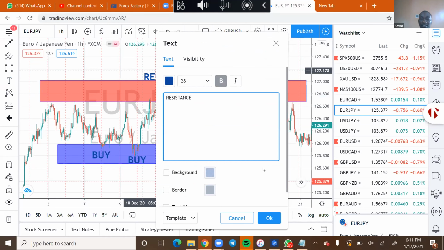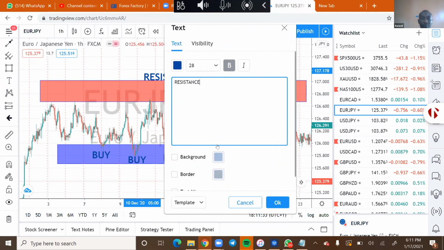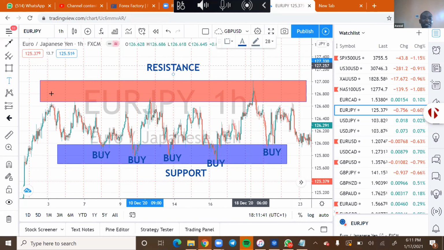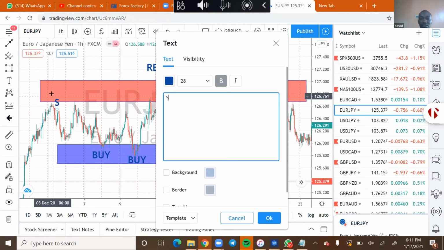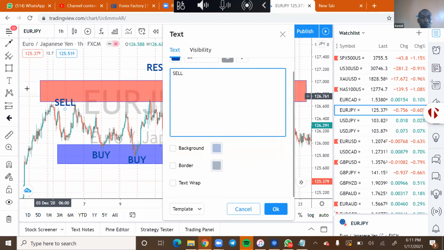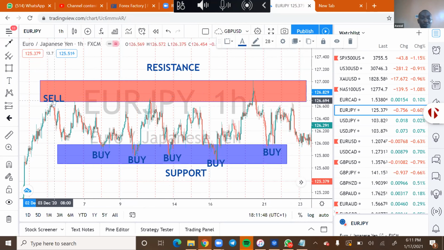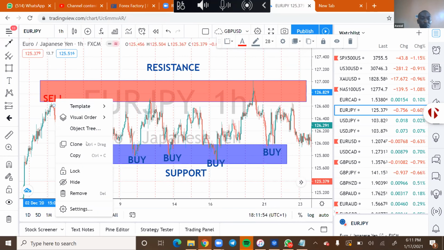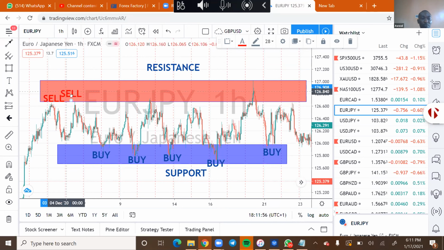We all understand that this is my resistance, okay? Now, these are my sell areas. So those areas where the market is hitting the resistance area, I'm going to be selling. All right, you sell. So these are my sell areas. Sell. All right, sell.